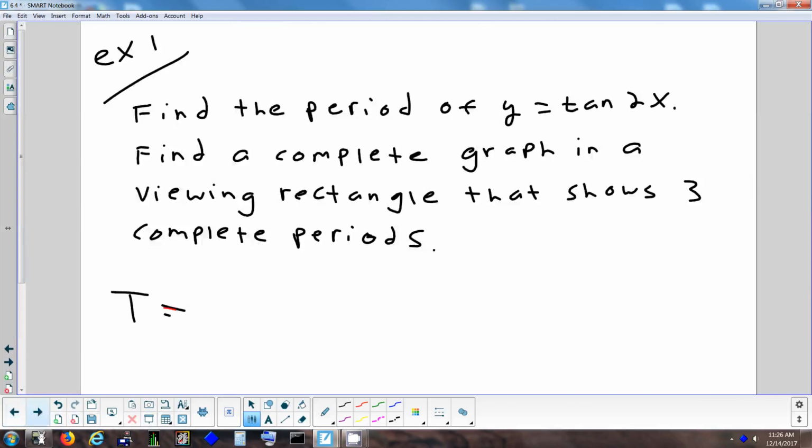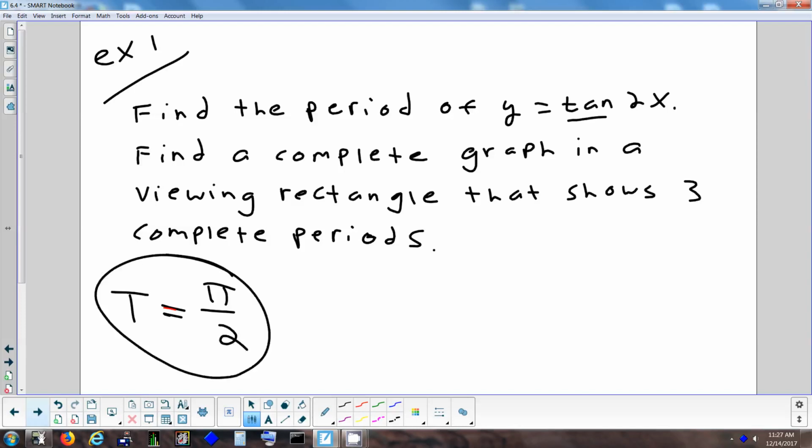For tangent, can someone tell me the formula to find the period? Pi over b. Yeah, in this case, it is going to be pi over 2. But it's pi over b, not 2 pi. If I change that to a sine, then it would be 2 pi. Okay, so there's the period.